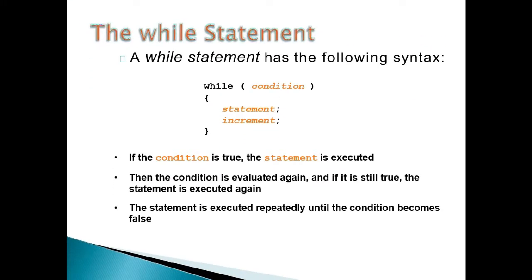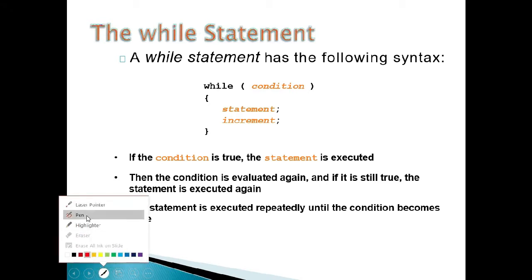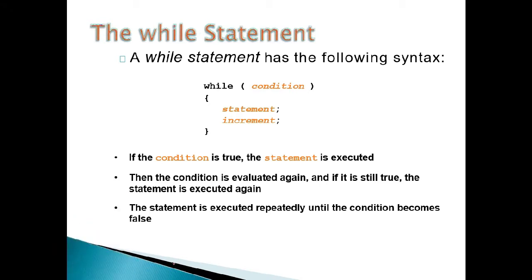For part 2 of my program, I will be using the while looping statement. In the while looping statement, I'm going to write the while and then the condition and then the statement and then the increment.